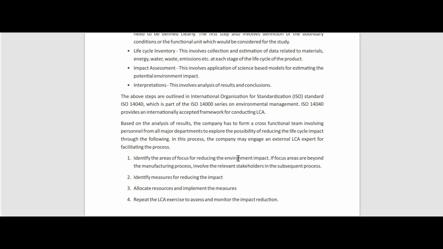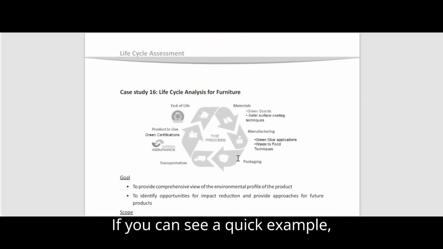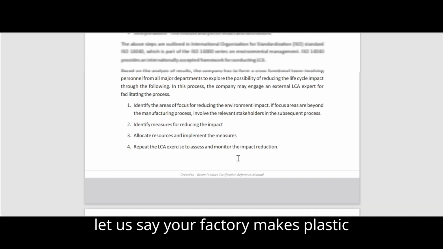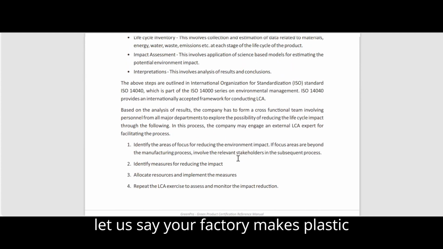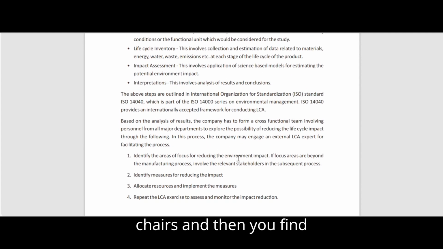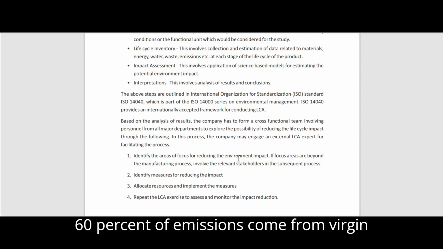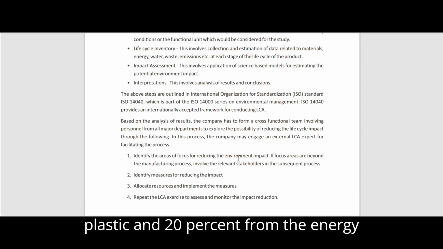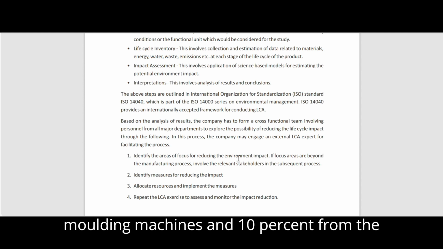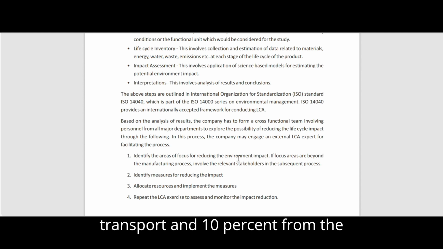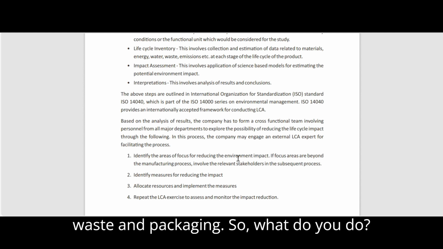If you look at a quick example, let's say your factory makes plastic chairs, and you find 60% of emissions come from virgin plastic, 20% from the energy in molding machines, 10% from the transport, and 10% from the waste and packaging.